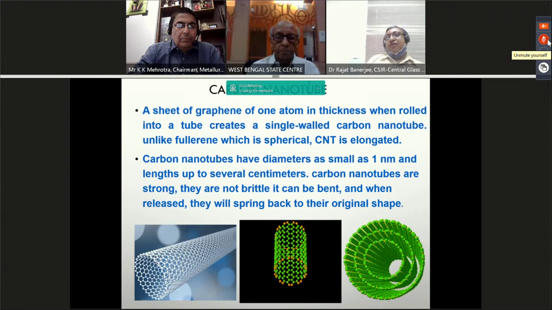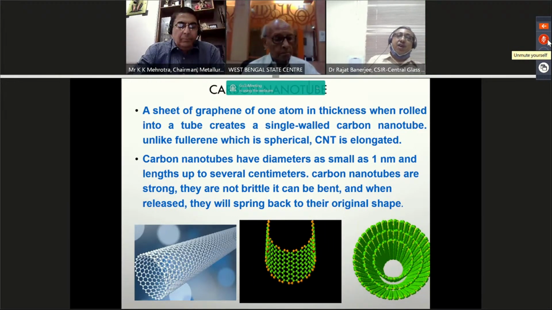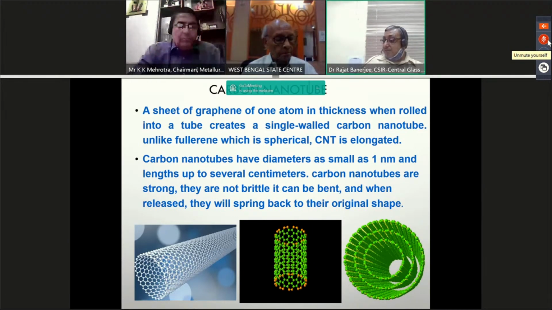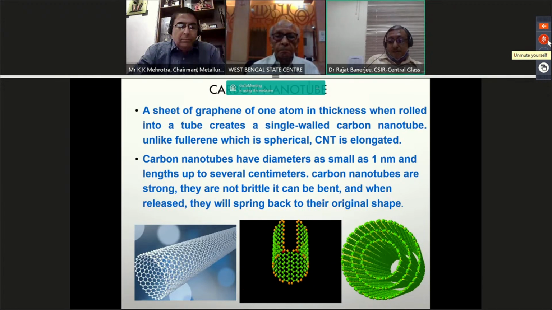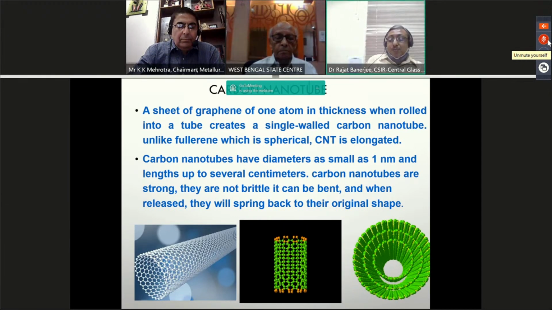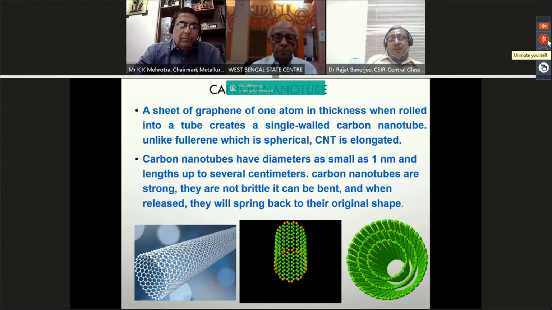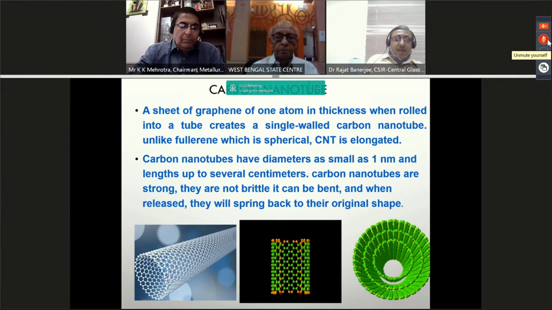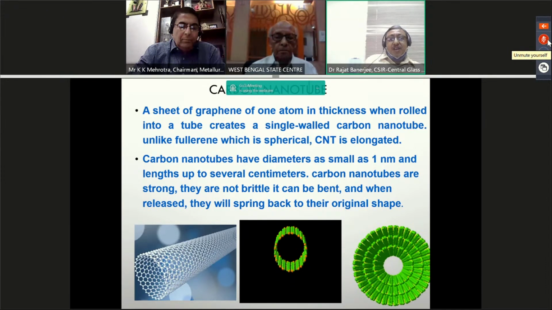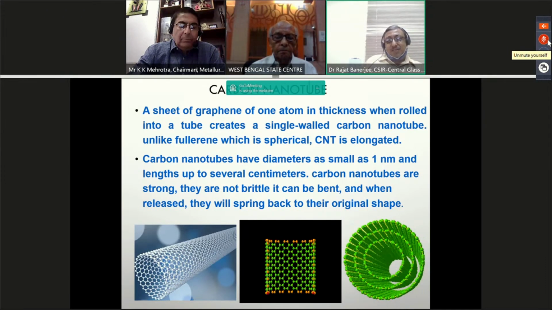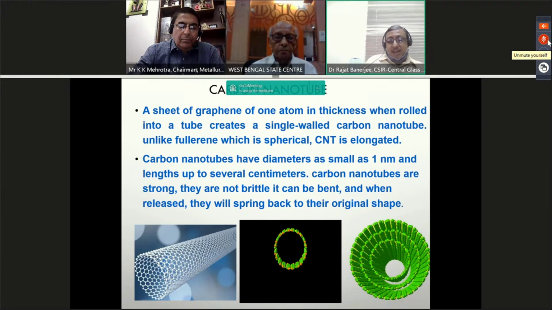Now, the question is how to visualize a carbon nanotube. Experimentally, you can produce carbon nanotube. But if I say, is it possible to see a carbon nanotube in front of you, it's a very crude method. It's somewhat like this: you take a pencil and a paper and just draw a line on the paper, a very faint line.